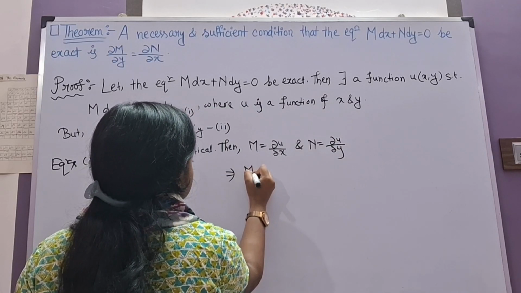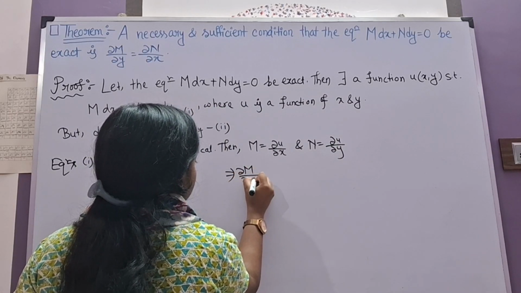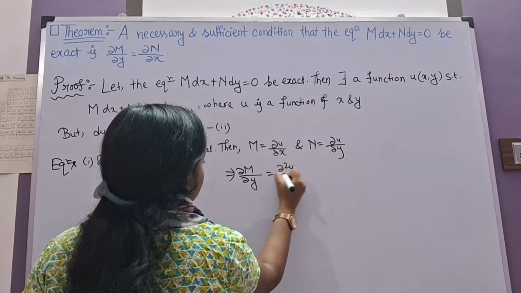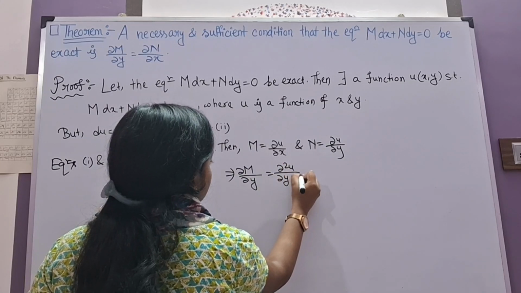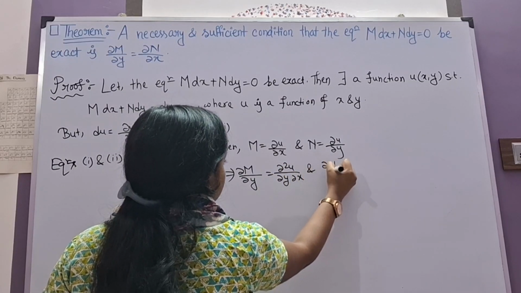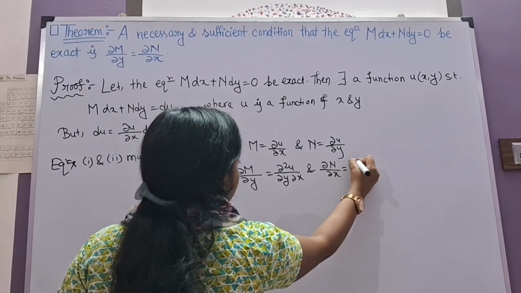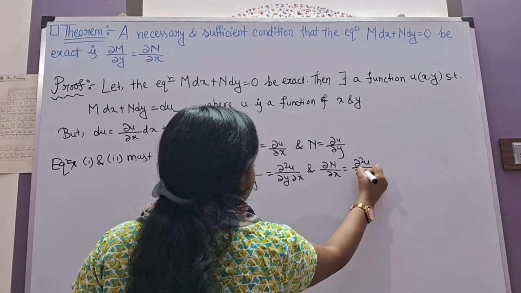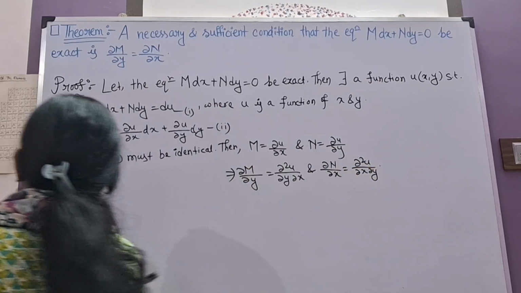This implies del M del y equal to del 2u del y del x and del N del x equal to del 2u del x del y.